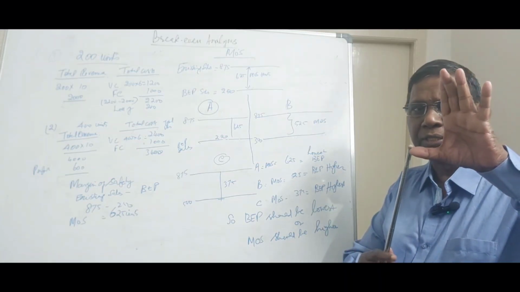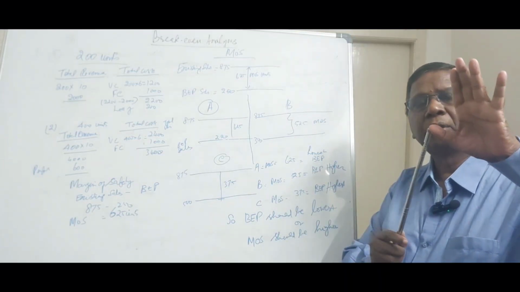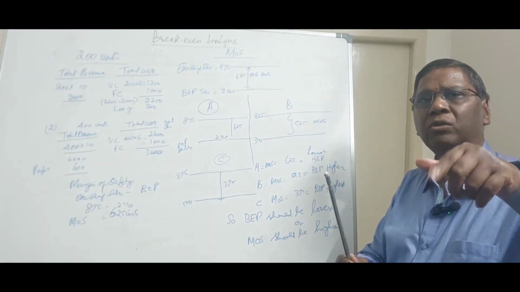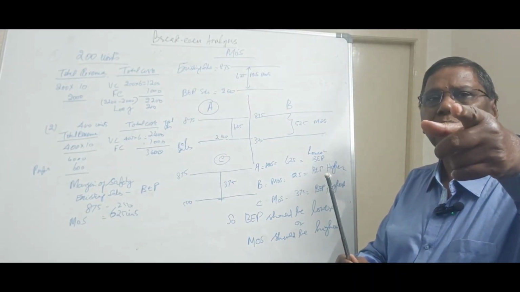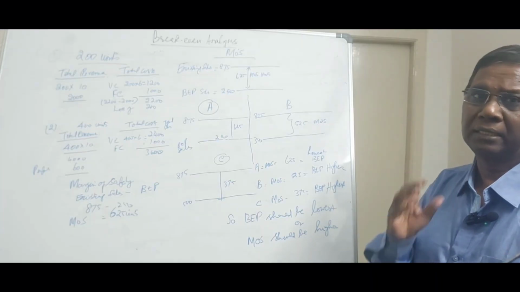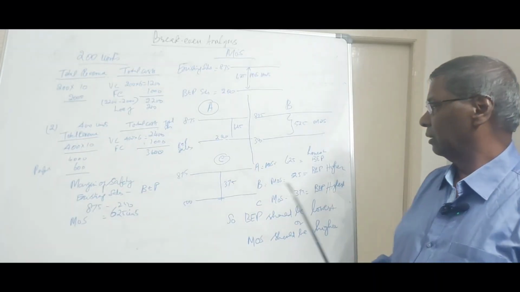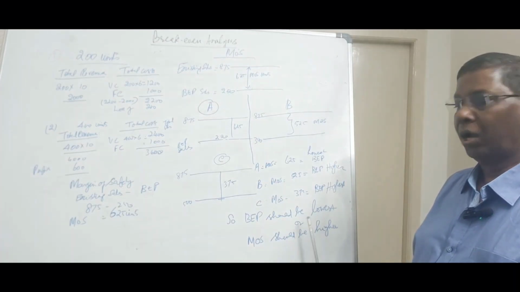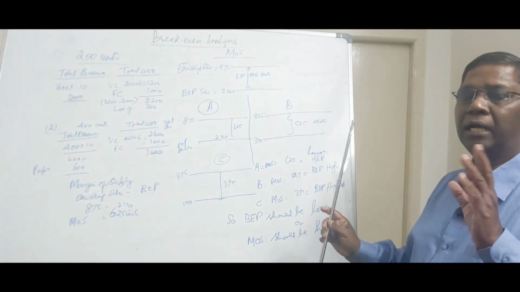If the break-even point is going up, as you have seen here, the margin of safety will be shrinking. Then it involves a risk. Bankers may not give a loan. Please understand this. So the break-even point should be lowest or the margin of safety should be higher.